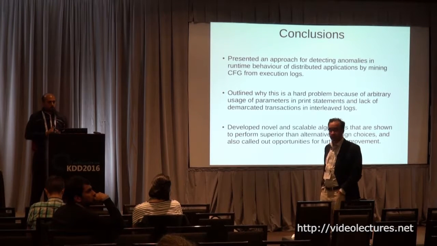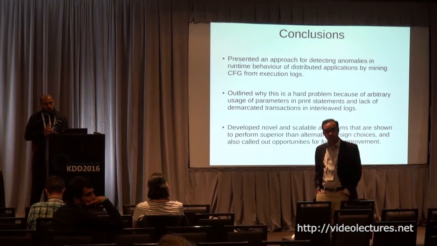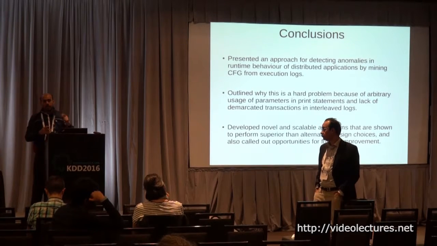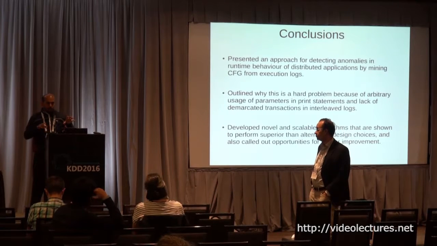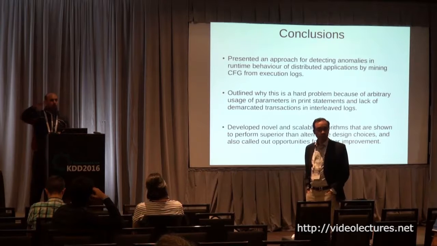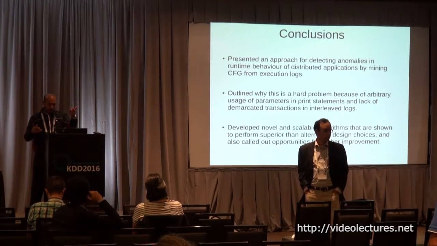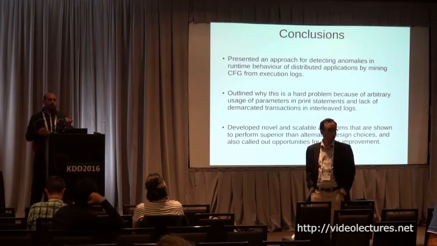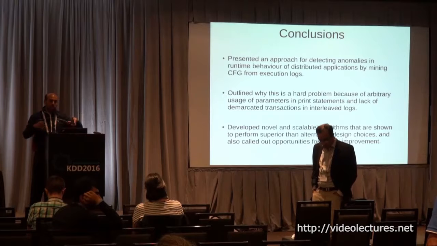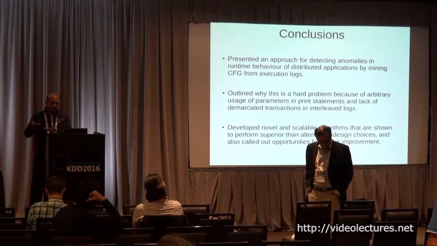The other question I have is, how do you handle when the code changes and the code path changes? You have to retrain? Ah, that's a great question. Actually, that is some follow-up work we are doing right now, where we study the evolution of this CFG when the source code changes, and it brings up many interesting questions, like is the anomaly due to a genuine code path change or something else? But as I said, it's work in progress.